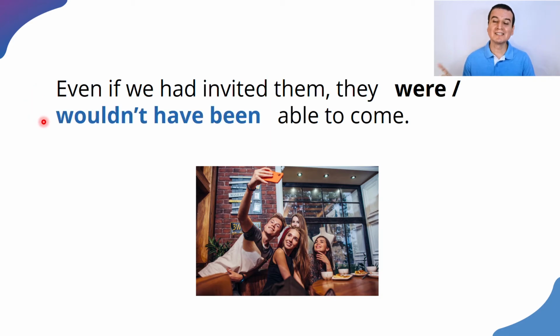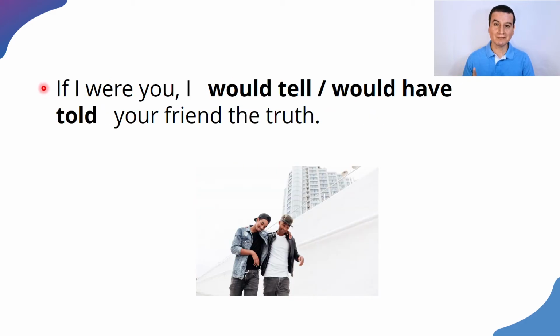They wouldn't have been able to come, because it's the third conditional there. Next, if I were you, past tense, I blank your friend the truth. So if I were you, I would tell your friend the truth.